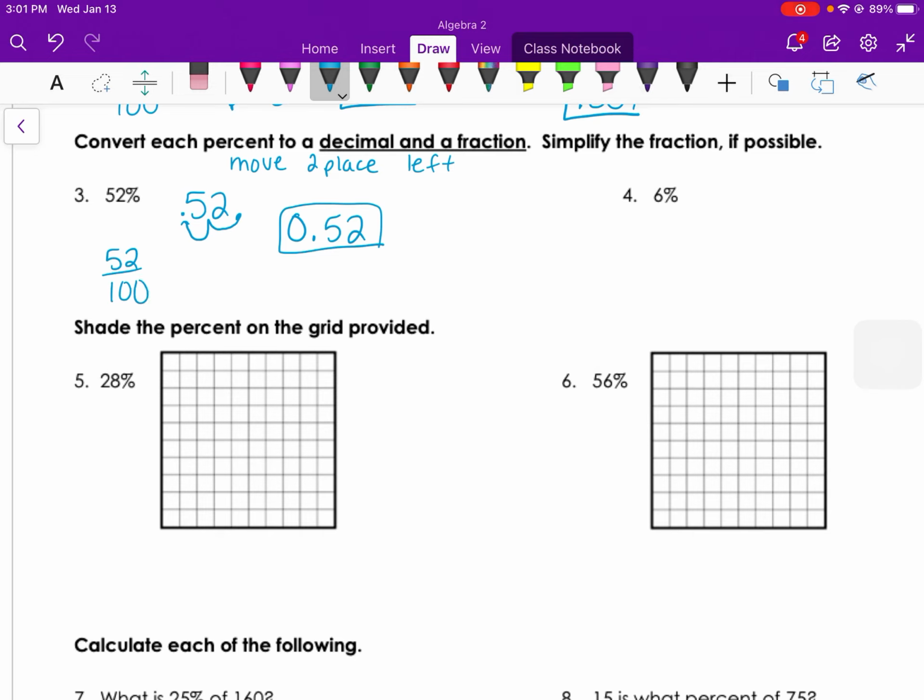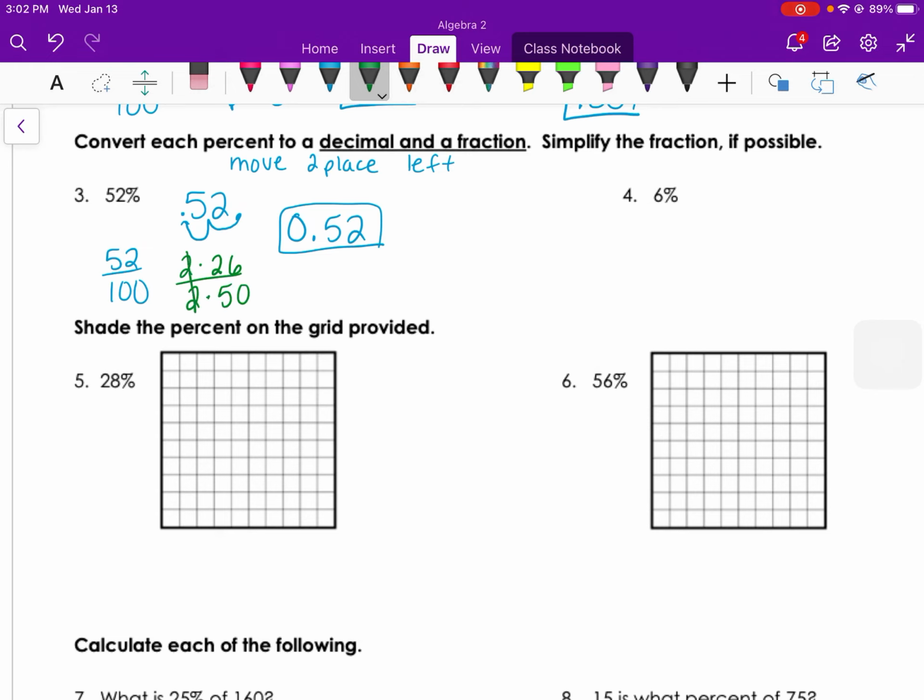Again, they're both even numbers, so you can reduce that. 52 and 100, you can divide them both by 2. 52 is 2 times 26, and 100 is 2 times 50 again, so you can divide them both by 2.